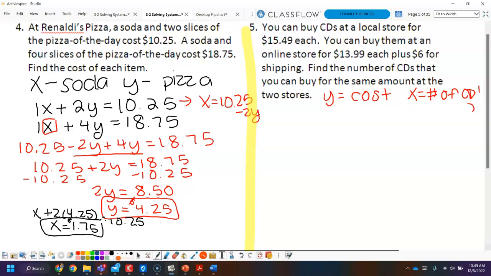Online, my cost is $13.99. In store, my cost is $15.49. X is the number of CDs I'm going to buy at that particular price. But if I buy them online, I have to pay to ship them to me. Do I pay shipping per item or per box? Per box. So that's just an extra added $6 fee.